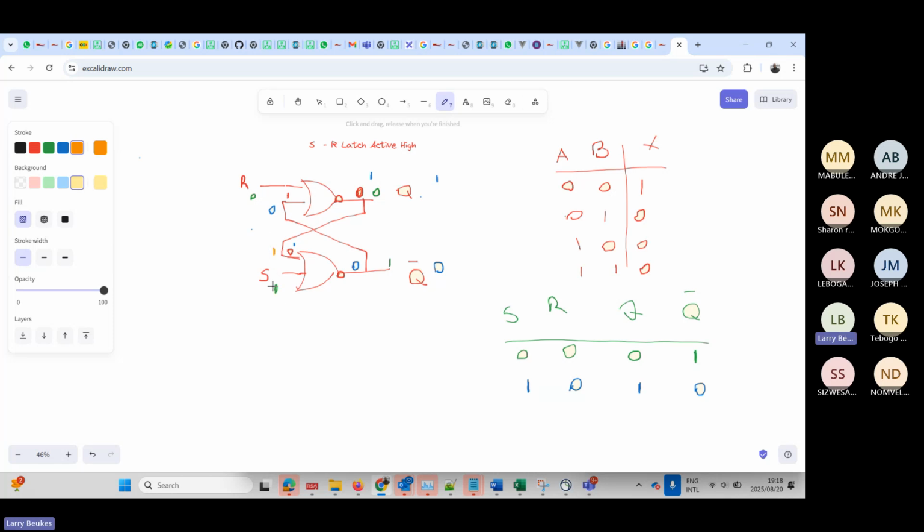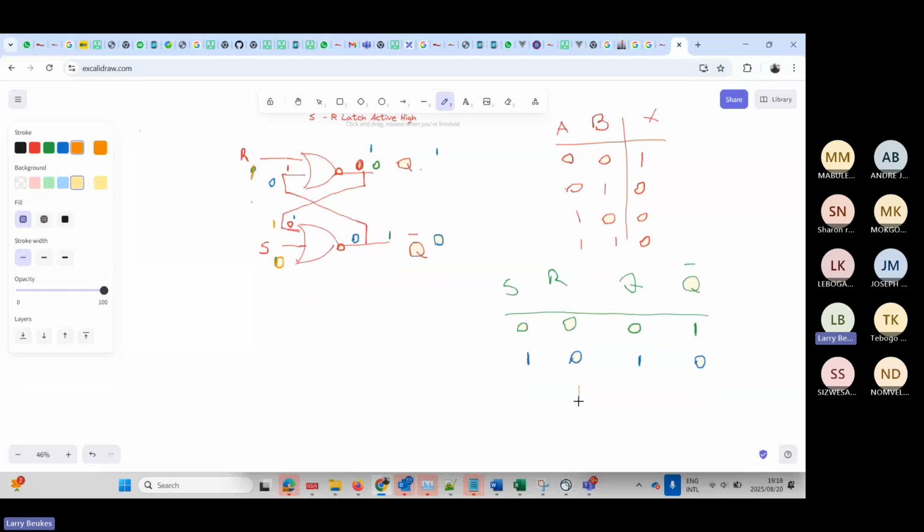So let's make our R to be 1 and then our S to be 0, right? R is 1, S is 0, and then our output is 1, 0. Q was 1 and Q naught will be 0.